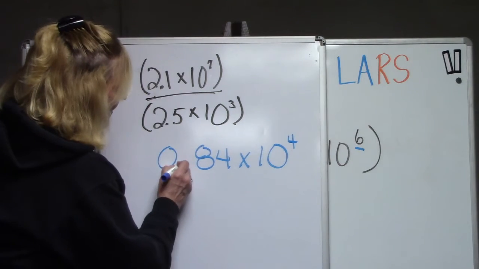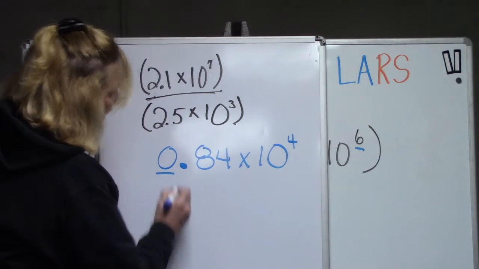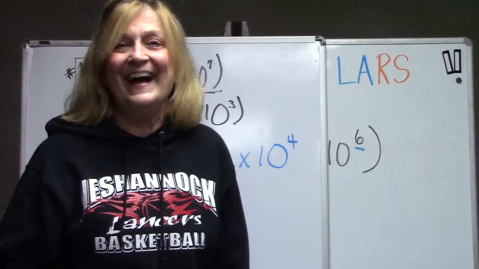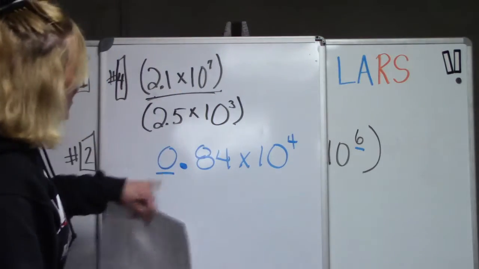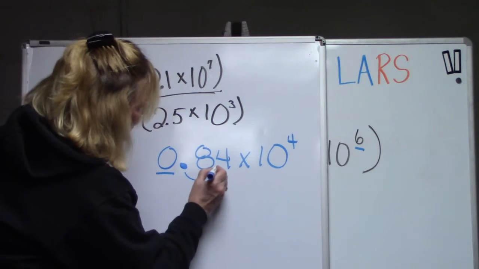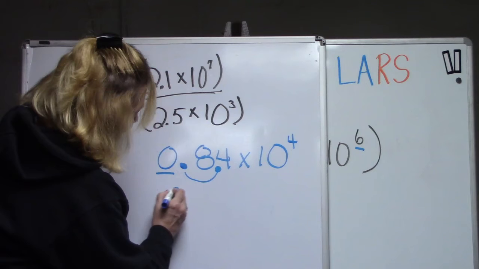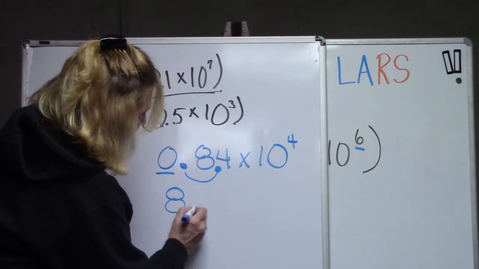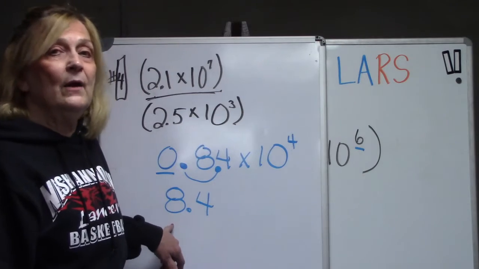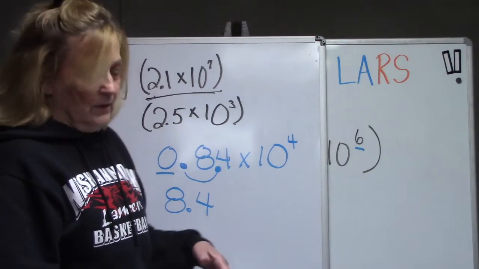We only have one problem right here. See that 0? It is not between 1 and 9, including 1 and 9. So I've got to move my decimal point right here and get 8.4. Because 8 is between 1 and 9, including 1 and 9.